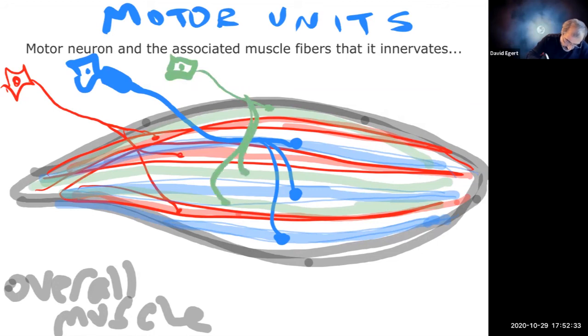So this is illustrating motor units. There are different motor neurons, and each motor neuron is activating a collection of muscle fibers, muscle cells that make up the overall muscle, right? Each of these things are muscle fibers, muscle cells that I'm drawing.